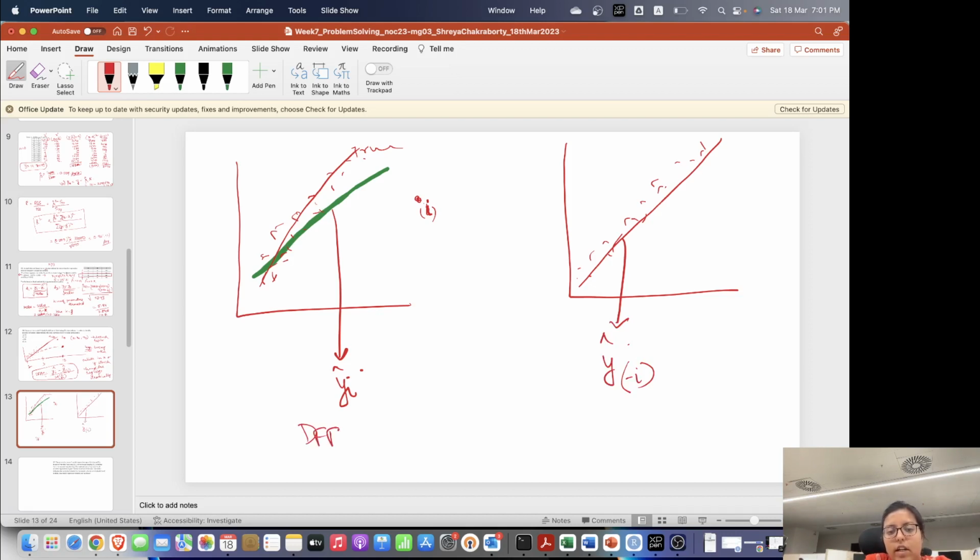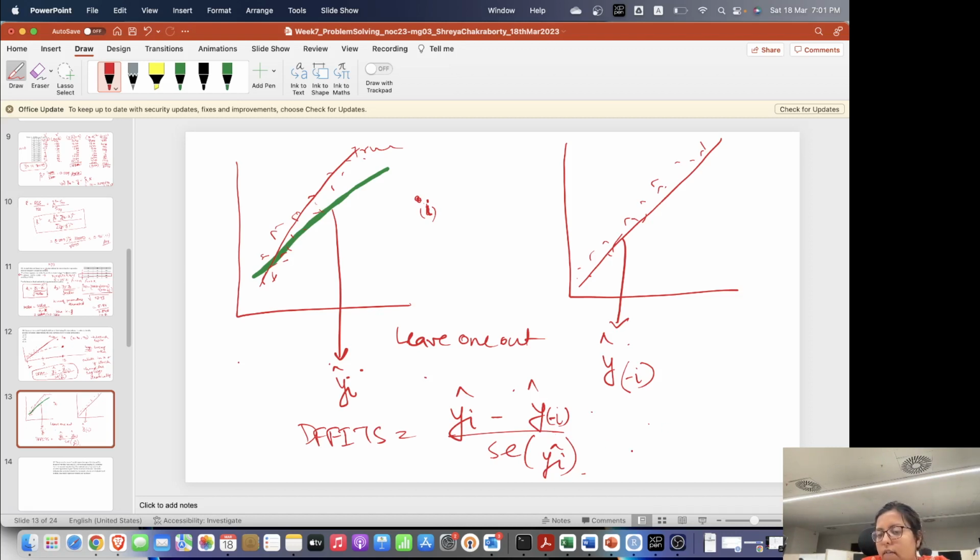So, DFFITS is calculated as yi hat minus y minus i hat divided by the standard error of yi hat. Since this is a leave-one-out method, DFFITS have to be calculated for all the observations.